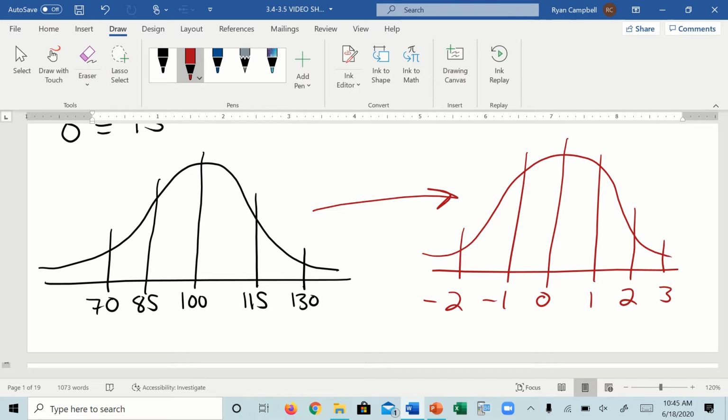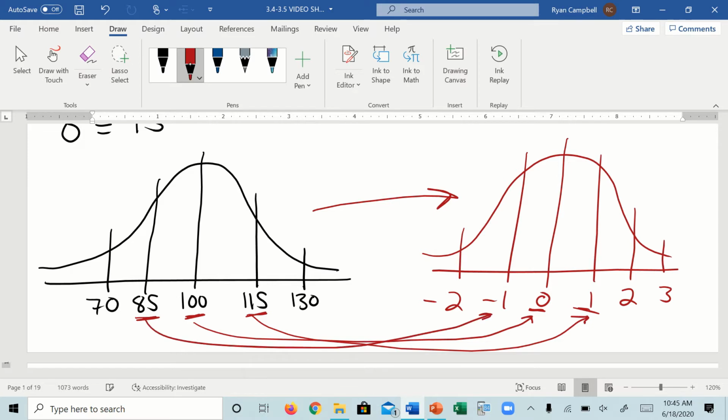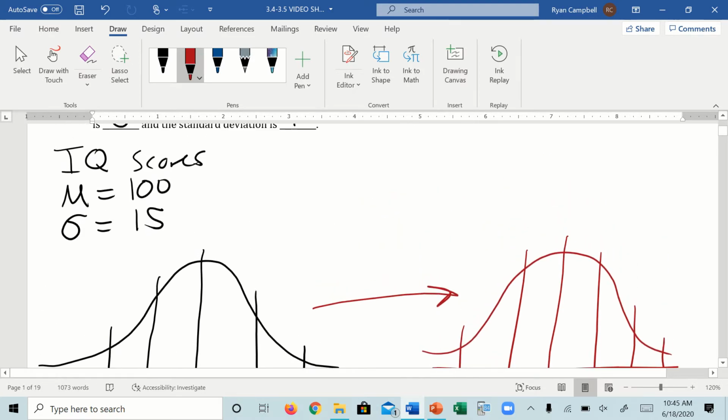So basically, we need to figure out a formula where 100 gets turned into 0, where 115 gets turned into 1, where 85 gets turned into -1. So let's start with the first one. So 100 needs to turn into 0.